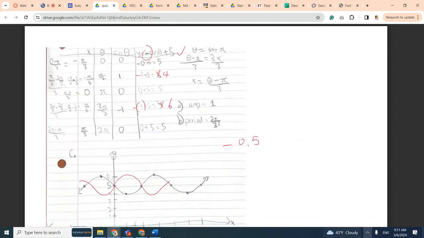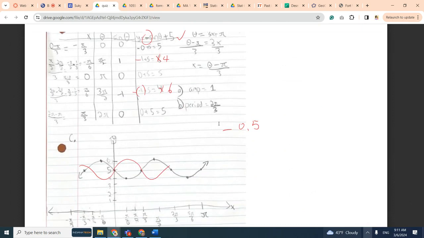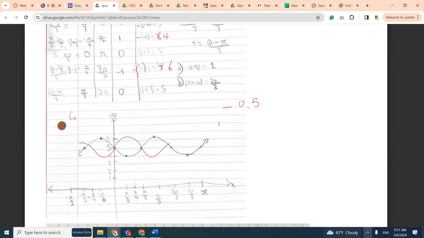Okay. And here, negative sign here. So that's why, negative sign. That's very important. Okay. See, what did the negative sign do in front of the sine? It flips it over the x-axis, right?